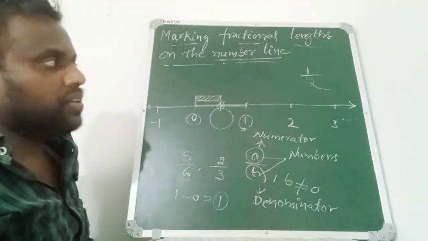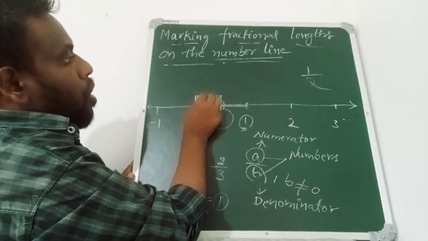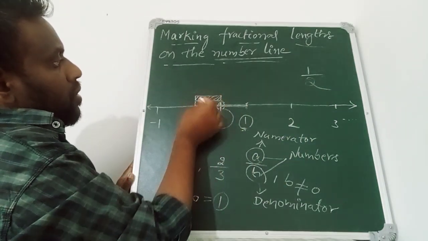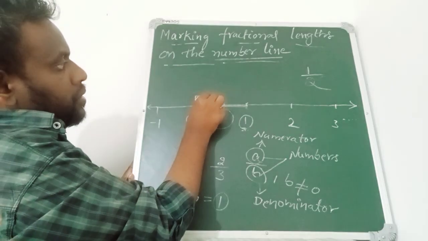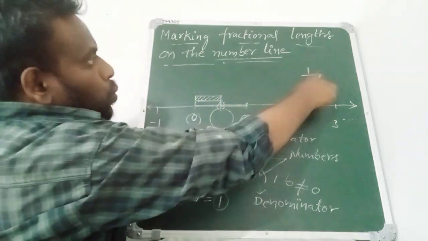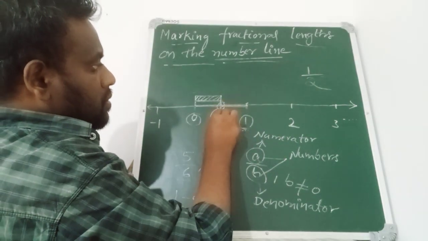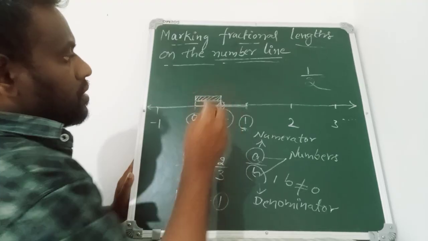So this 1 by 2 is the length of this box. So the length from here till here, what is the length? 1 by 2. So that you have to write here. Got it?